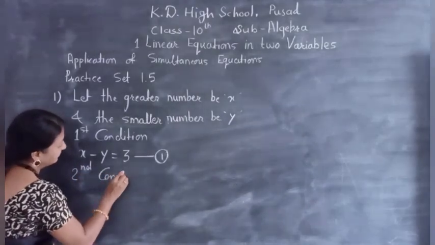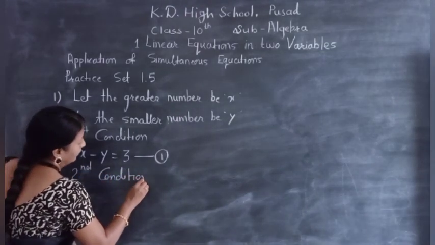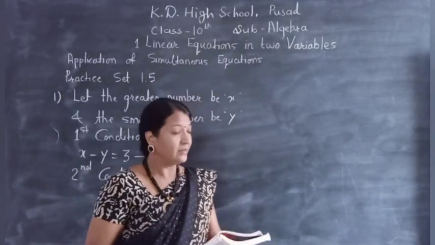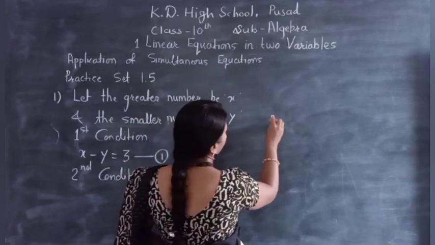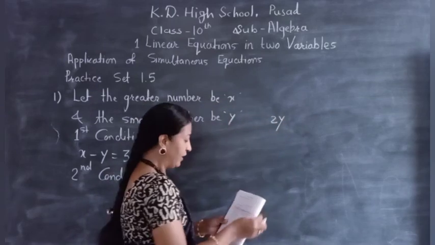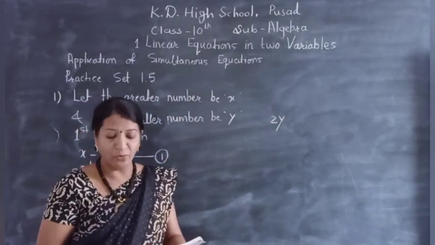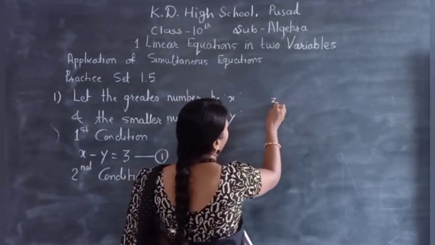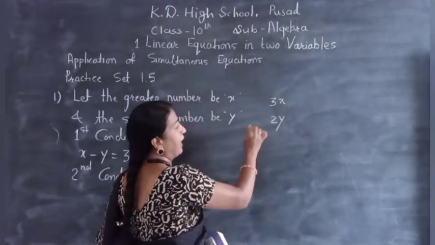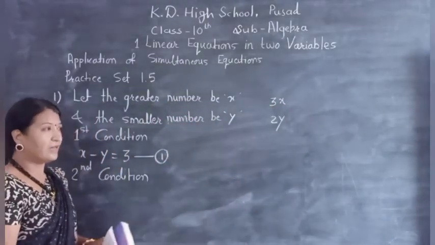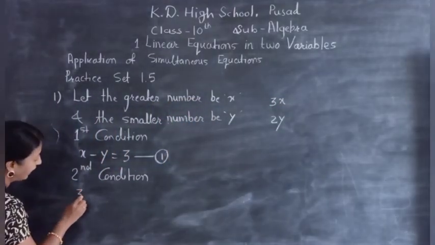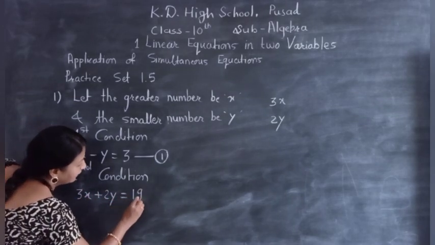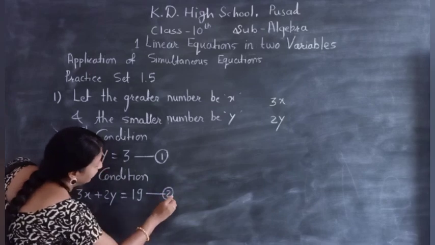Second condition: twice the smaller number, that is the smaller number is y and its twice is 2y, and we have to add thrice the greater number, that is 3x. It means 3x plus 2y is equal to 19. This is our second equation.